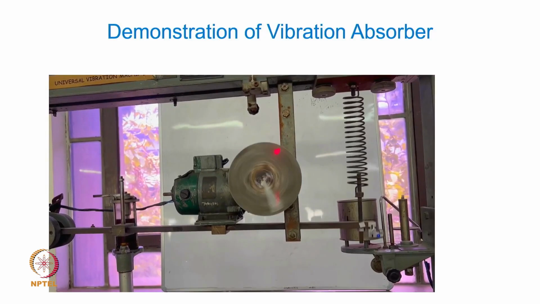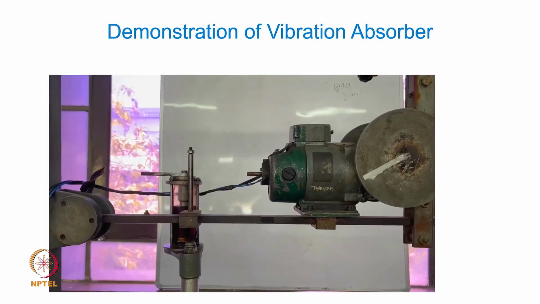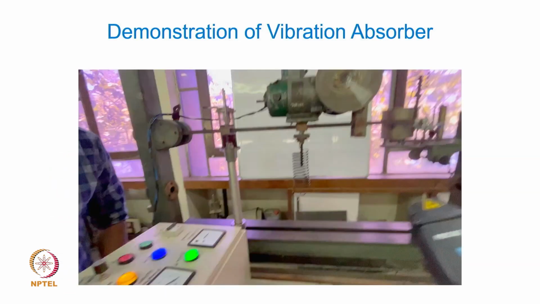Now what we do here is, suppose this system is representing a typical practical vibratory system, and I am supposed to operate it at this speed. I don't have a choice of changing the speed. Then I can still make it work, and with a lot less vibration amplitude, by attaching a small absorber system.